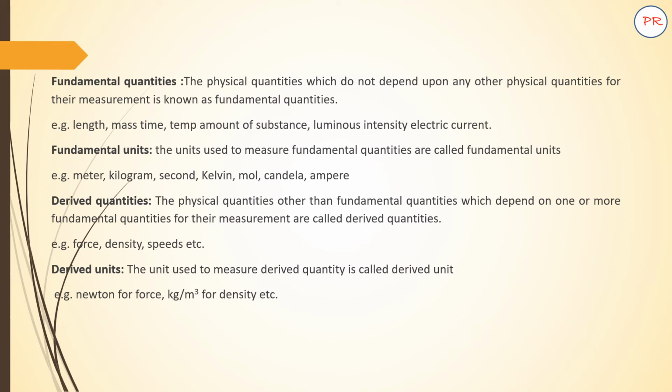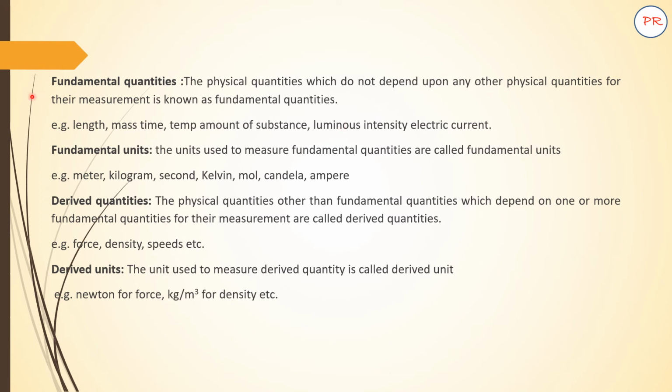Let's try to understand what we mean by fundamental quantities. The physical quantities which do not depend upon any other physical quantity for their measurement are known as fundamental quantities. For example, length, mass, time, temperature, amount of substance, luminous intensity, electric current, these are all fundamental quantities.